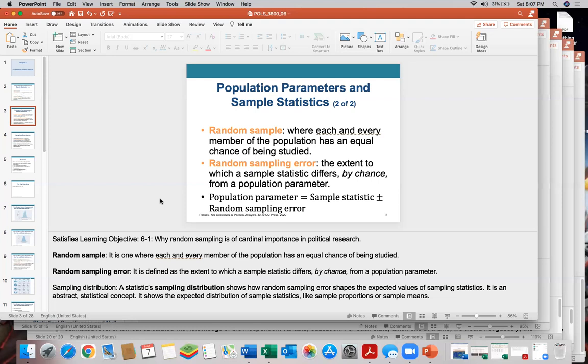Random sample is where any member has the same equal chance of being studied. Random sampling error is the extent to which a sample statistic differs by chance from the population parameter. Sampling distribution just shows how random sampling error shapes the expected values.